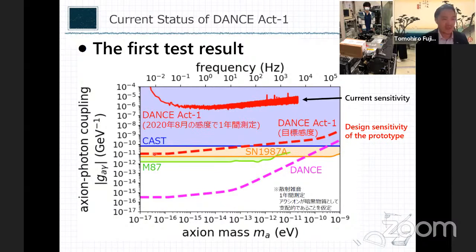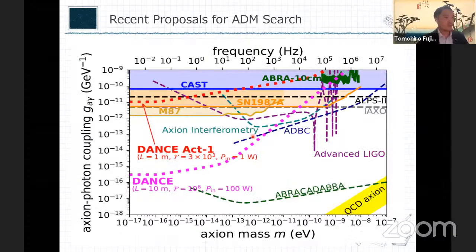We expect to achieve this kind of sensitivity even with this cheap prototype. This is the current status: we are still about 5 orders of magnitude worse than the design sensitivity. So we need to find noise sources and kill them. That's what we are doing now.